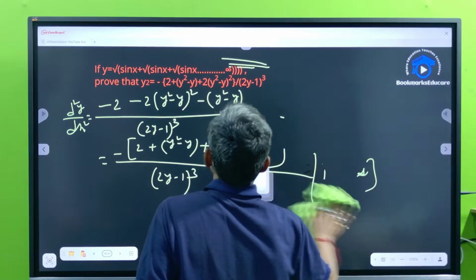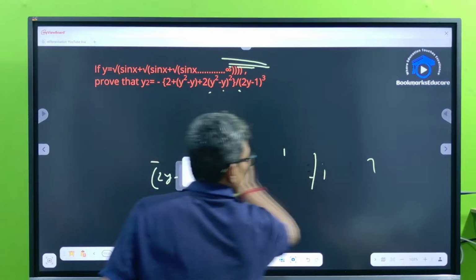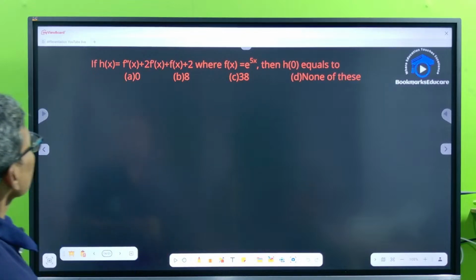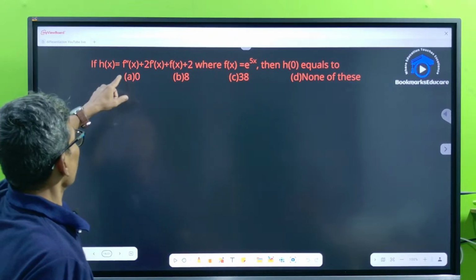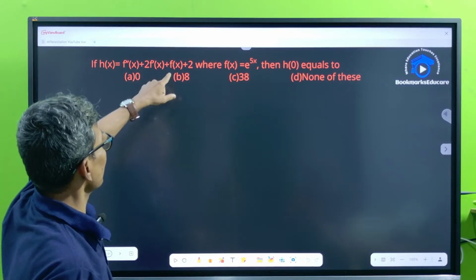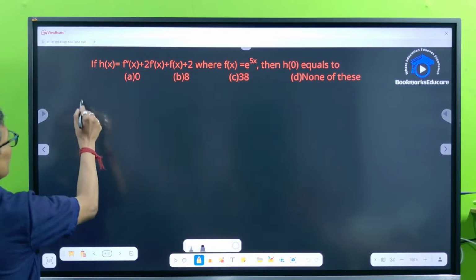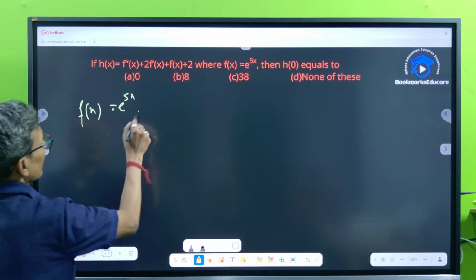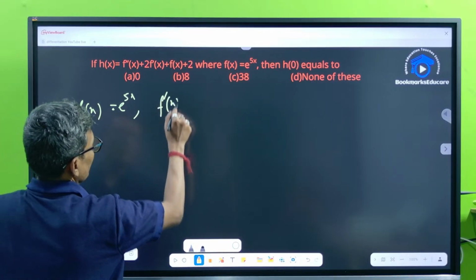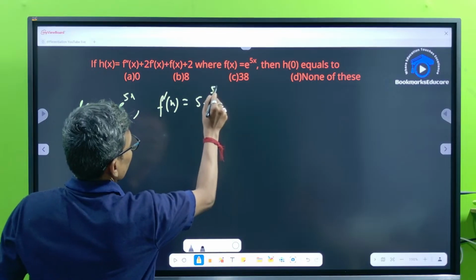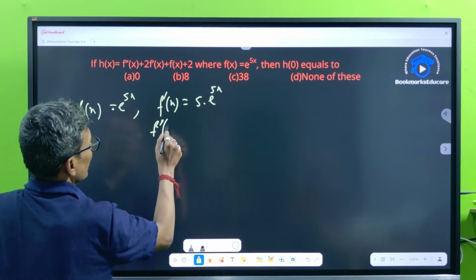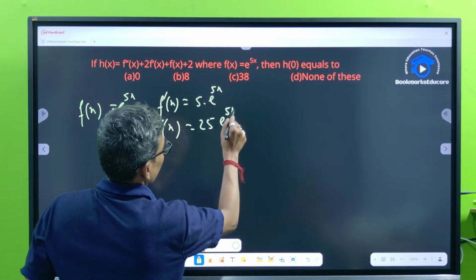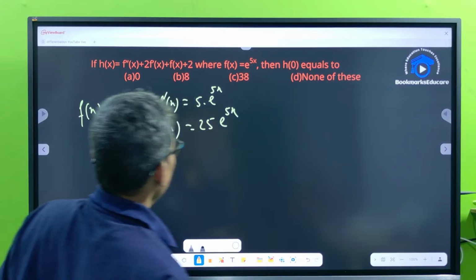So another sum is h of x is equal to f double dash x plus 2 into f dash x plus f of x plus 2, where f of x is equal to e to the power 5x. So differentiating on both sides with respect to x, f dash x is equal to 5 into e to the power 5x हो जाएगा. फिर अगर derivative करेंगे तो double derivative, सो 25 e to the power 5x हो जाएगा.